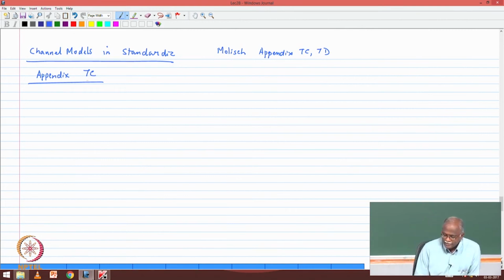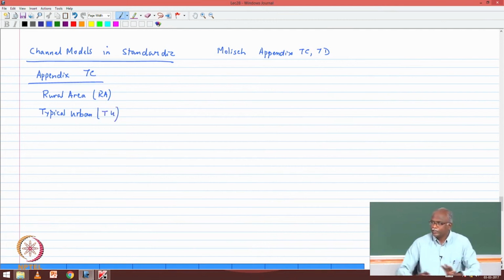Appendix 7C says that there are 4 basic channel types, and those are rural area, using the acronym RA. Then there is something called a typical urban. The difference would be that in rural areas things would be far apart, lower height of buildings, not many reflectors, whereas in a typical urban you would see higher buildings, lots of reflectors.